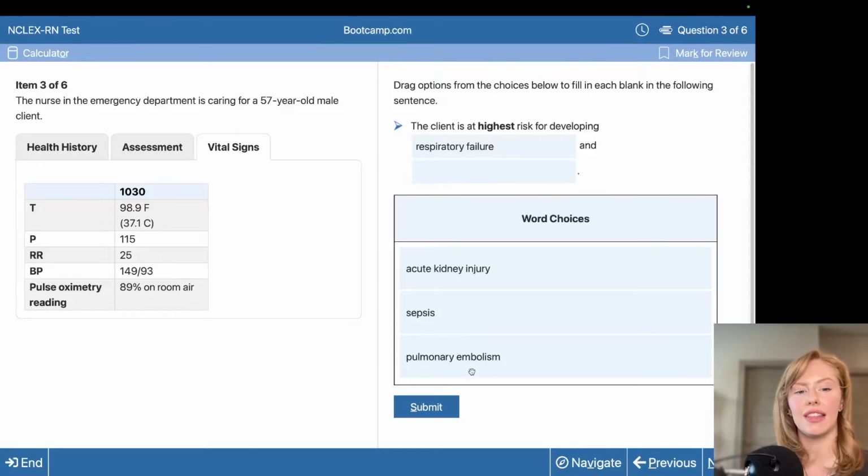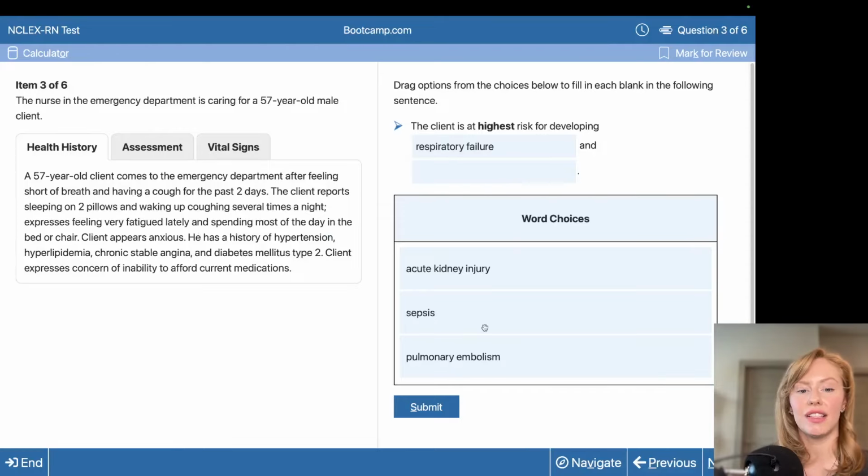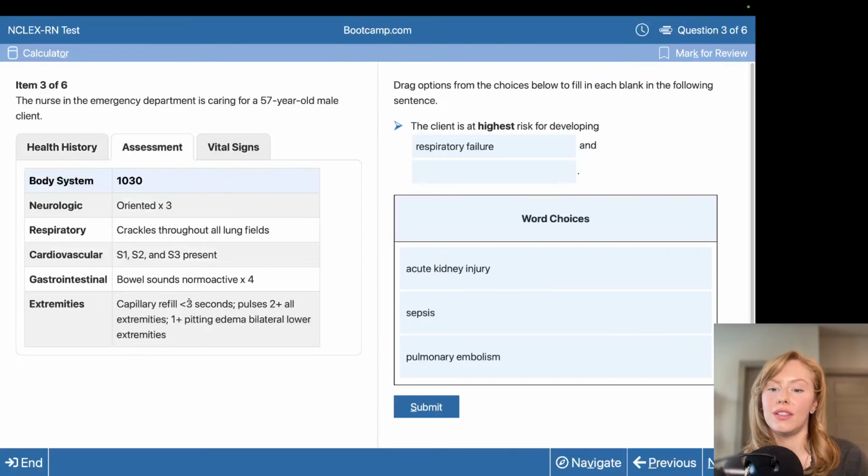How about a PE? I think I saw somebody say that at some point. What puts someone at risk for a PE? What other disease process? Because a PE starts usually where? In the legs, right? Good, very good. So for sure, I don't think he has a PE or a DVT right now because we have pitting edema in both lower extremities.